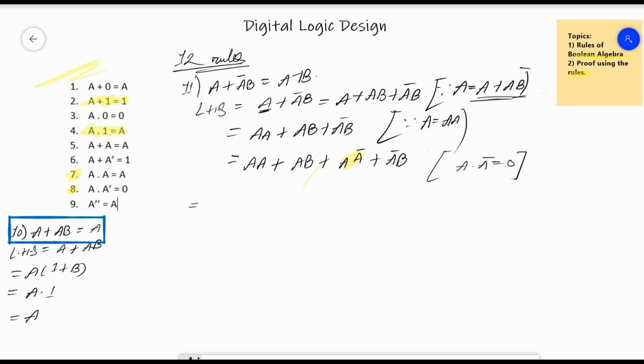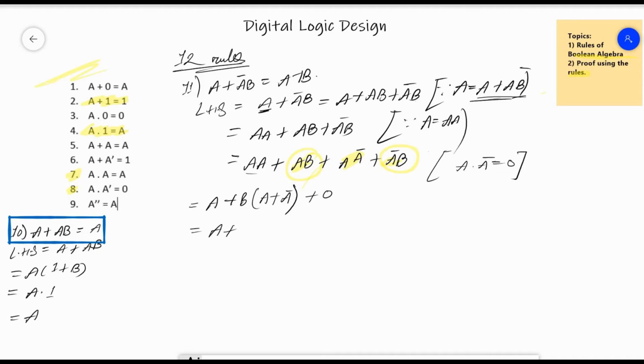So we can perform some more simplifications here. We know A into A is equal to A, so we'll write it like this. Plus we can take B common from these two, and we can write it as A plus A bar. And for this one, A A bar is equal to 0, so we'll write 0. Now we can write it as A plus.